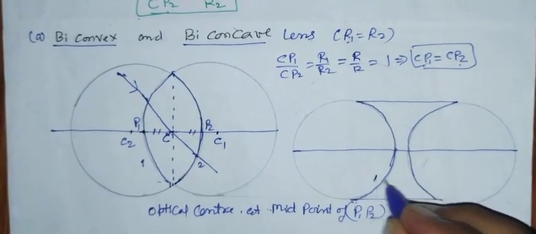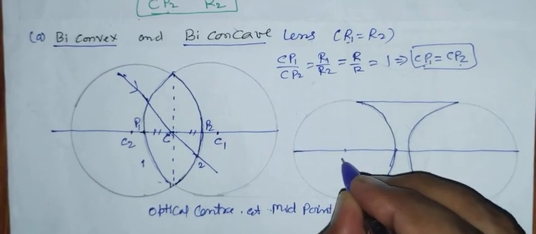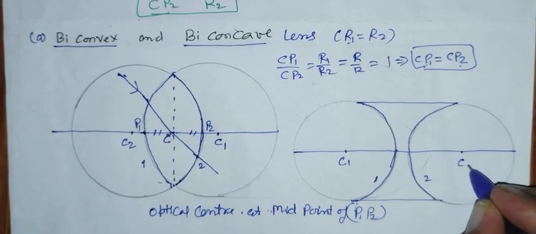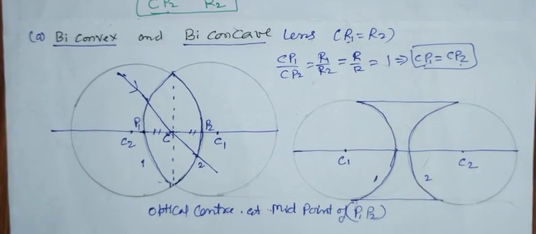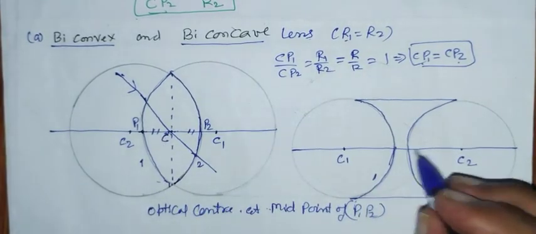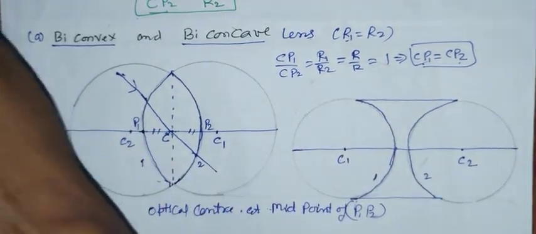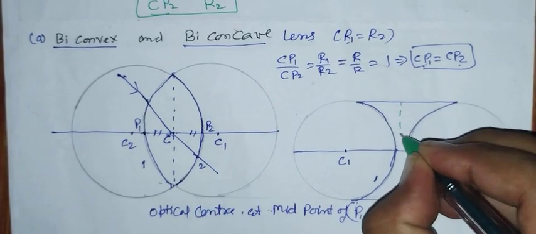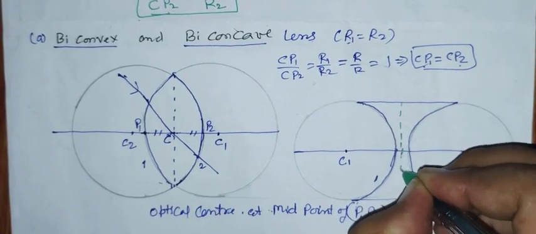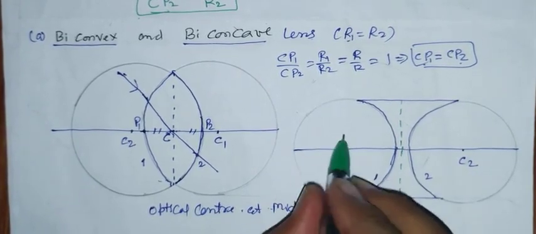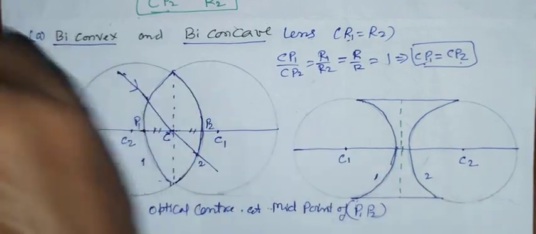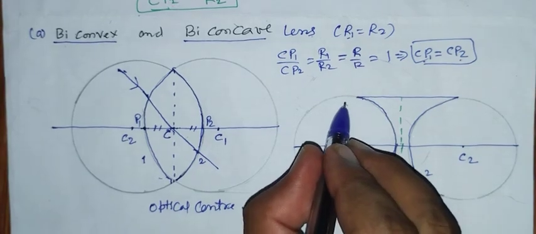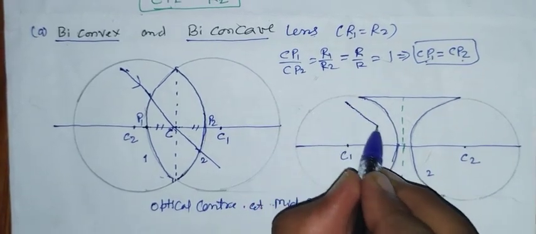First side of the concave lens, second side, its centers of curvature C1 and C2 are according to this diagram. And let this be a point, the dotted line divides. If we take any incident ray here in this case, it is just like this.